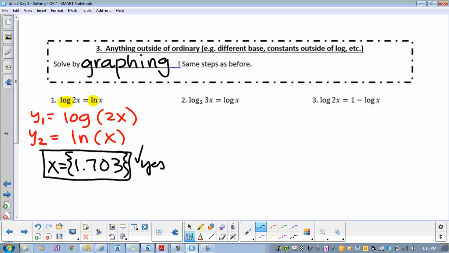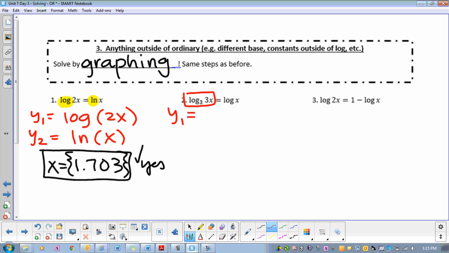All right, so let's look at number 2. Log base 3 of 3x equals log of x. I'm going to show you how to put these into your calculator to graph it when you have a base there. In y sub 1, on your left side, you're going to put the change of base formula.